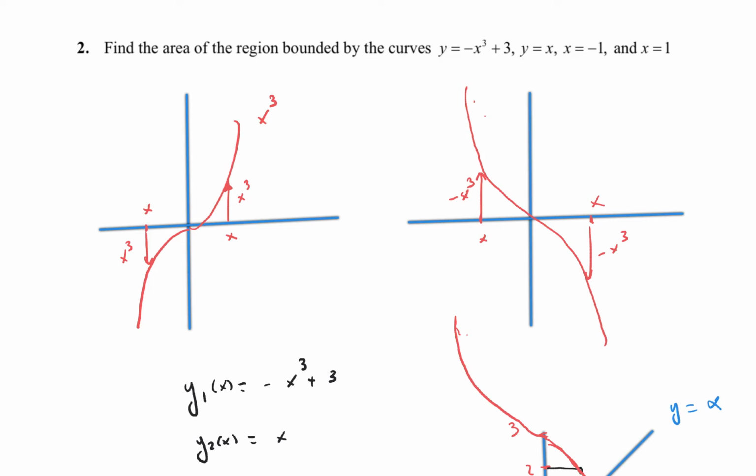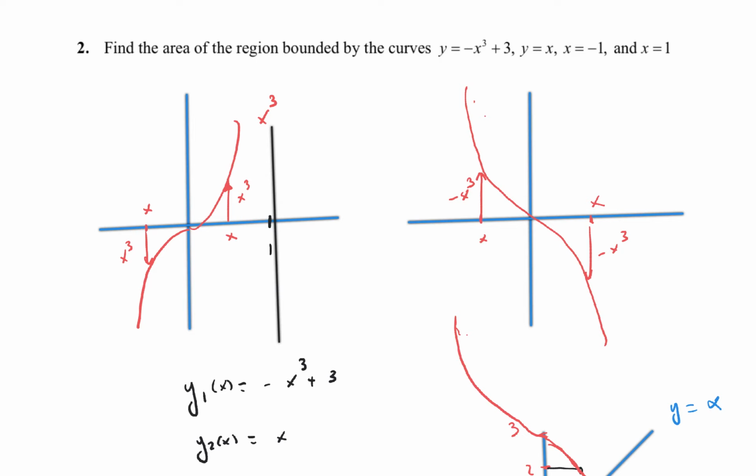The function x equals 1 is easy. It is the vertical line at x equals 1. This is the line.